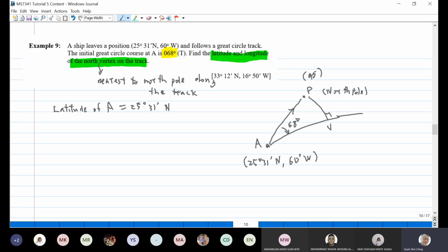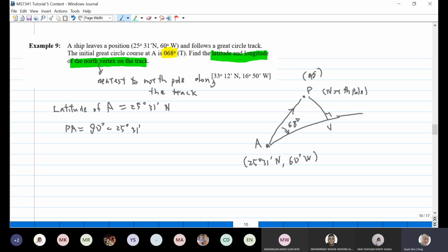So the distance from P to A, which we call the co-latitude of A, is PA, 90 degrees minus 25 degrees 31 minutes.